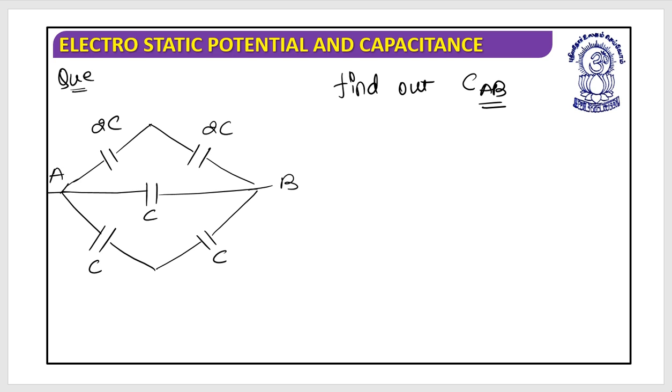So as you are coming back, what is your answer? Is it a balanced Wheatstone bridge? Many of you have assumed that yes, there are five capacitors, I will take a ratio of P is to Q and R is to S, and the fifth C will be cancelled out.